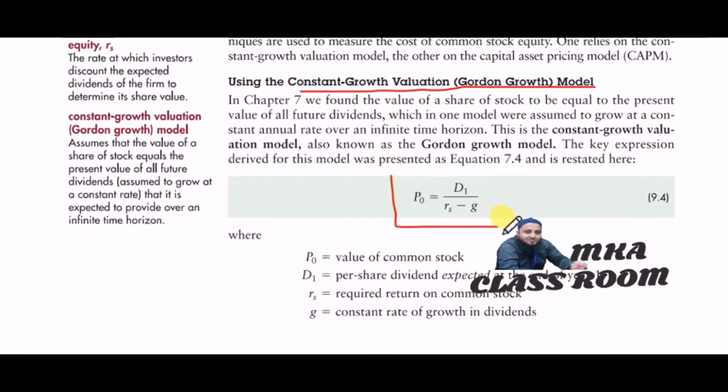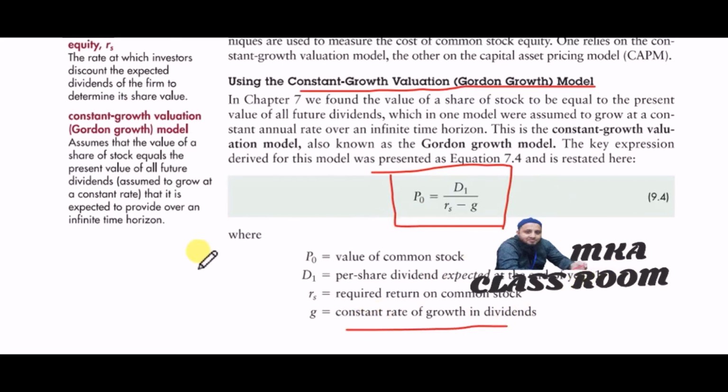The formula for this Gordon's model is P naught equal to D1, that means expected dividend after 1 year, divided by RS, required return on common stock, minus G, the constant growth rate.